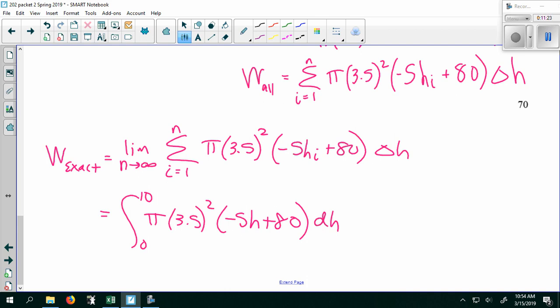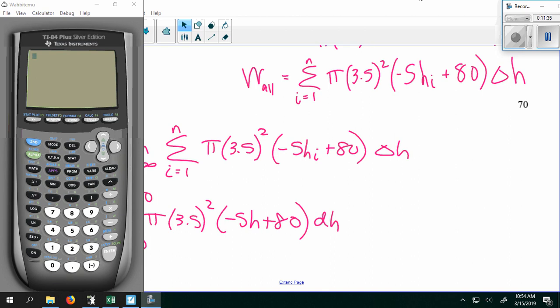Like, does it make sense for this large barrel of water to weigh this much? So I'm just going to have my calculator evaluate this integral. The syntax for evaluating an integral on your calculator, you're going to be doing this in the activities, so I'm just reminding you how it works.